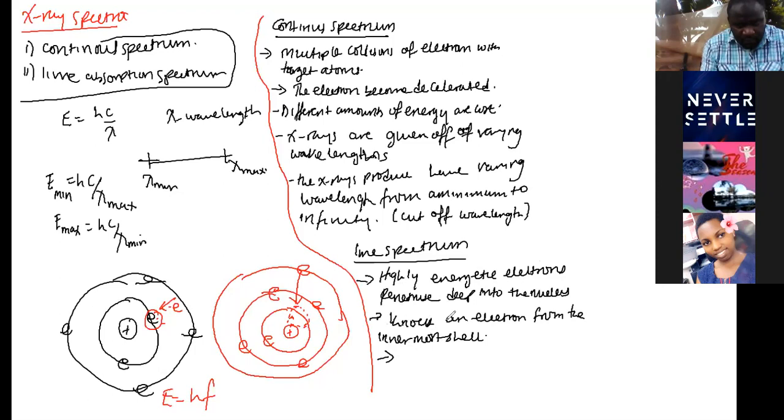What happens when an electron is knocked out? It's either ejected completely out of the atom, or it can be knocked out to go and fill a gap in the higher energy levels. Knocked out from the innermost shell, the electron is either taken out completely or goes to higher energy levels.